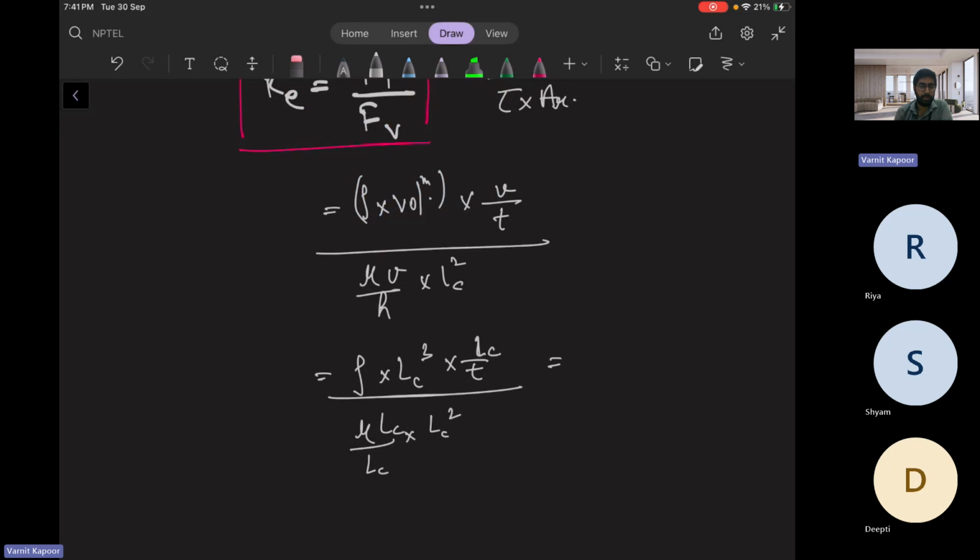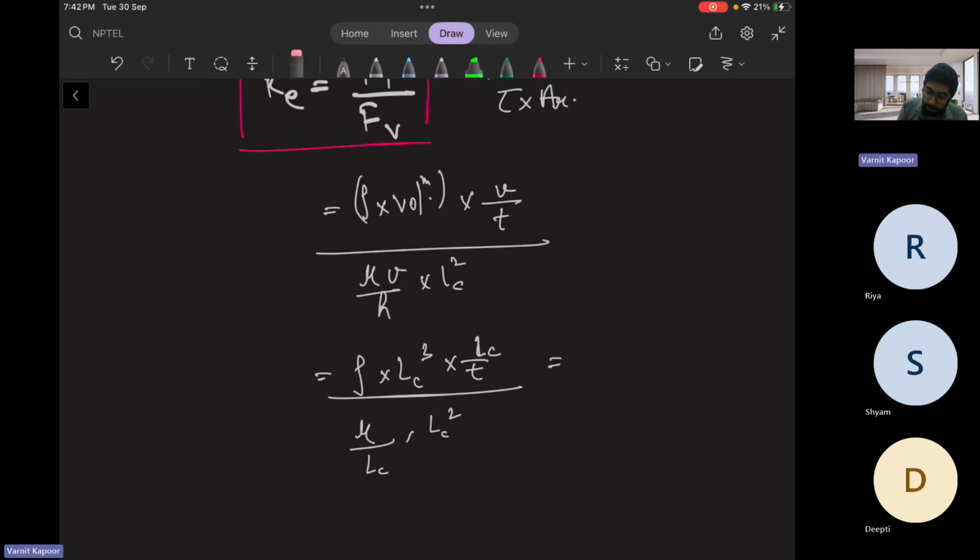Density is rho only. Mass is density into volume. Density is rho. Volume is LC square into LC, by T into V. Okay. And shear force is shear stress into area. Shear stress is mu V by H into area, mu V LC square by LC.